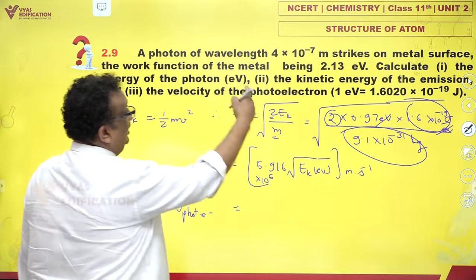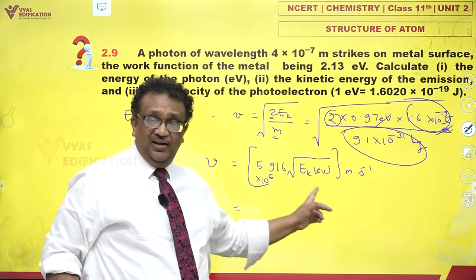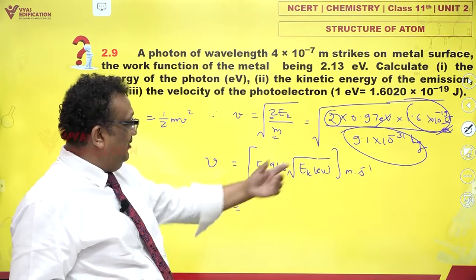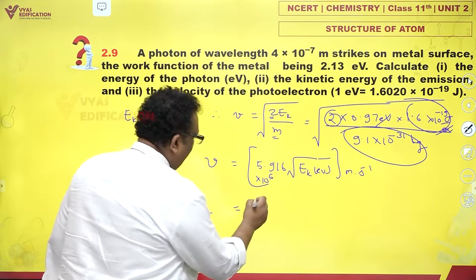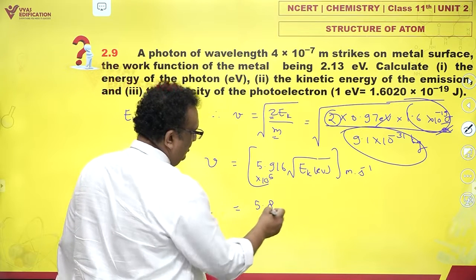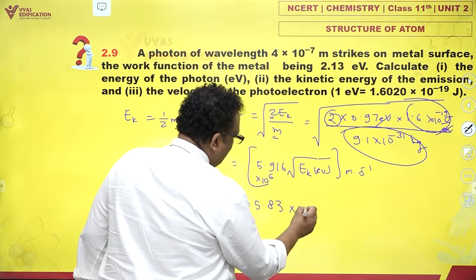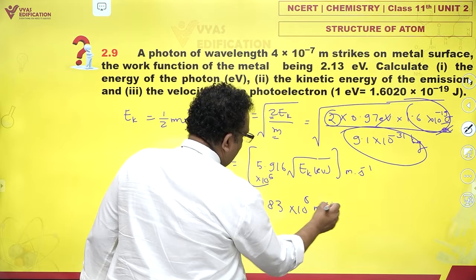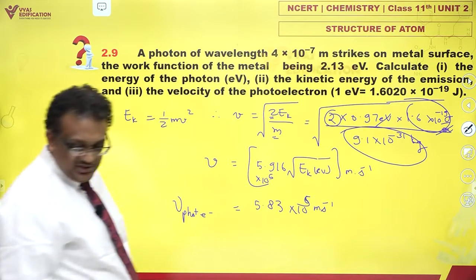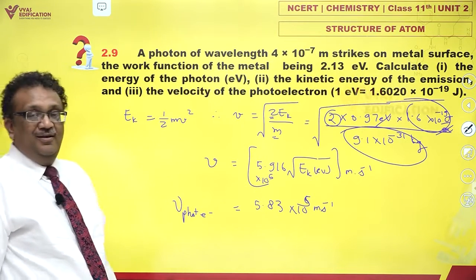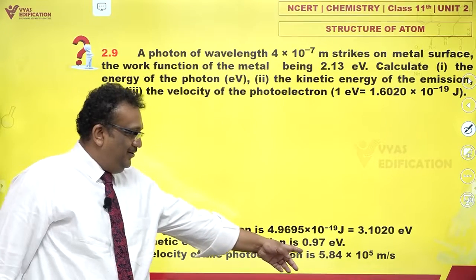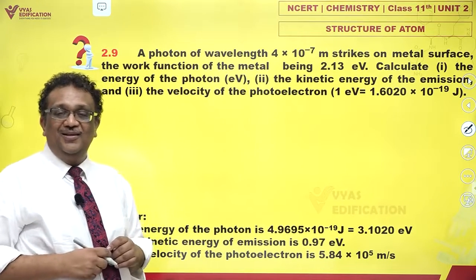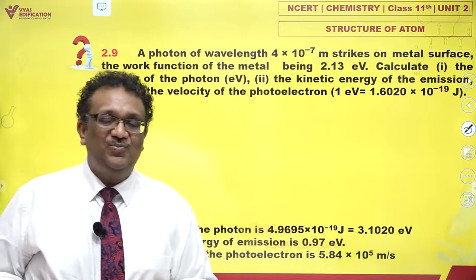In our case the kinetic energy is 0.97 electron volts; we take the root of that and multiply, and we get 5.83 into 10 raised to 5 meters per second. These are the official answers. We are very close to that. That's perfectly all right.